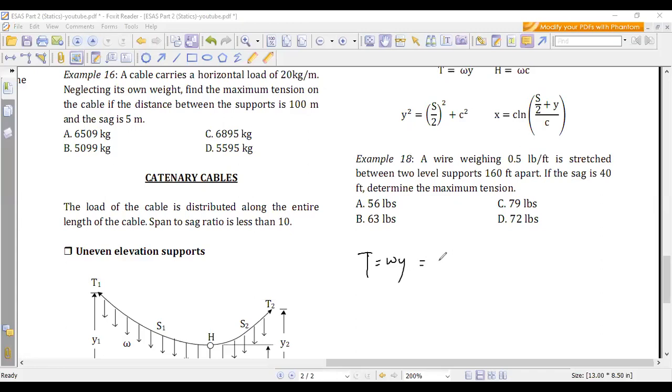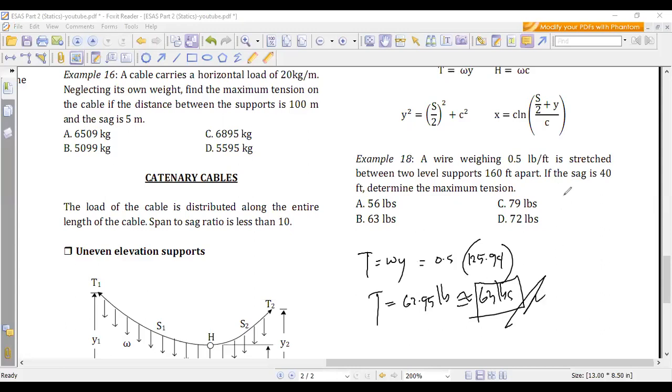Omega is 0.5 times 125.94. So tension would be 0.5 times 125.94. That's 62.95 pounds, approximately equal to 63 pounds. So this would be the answer for item number 18.